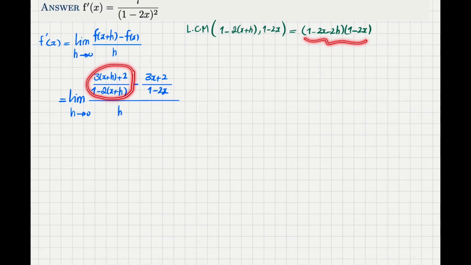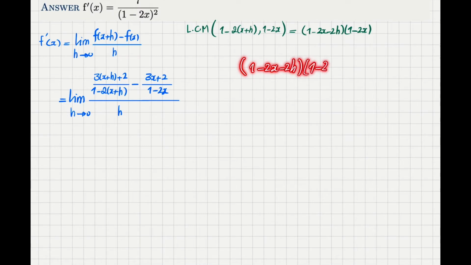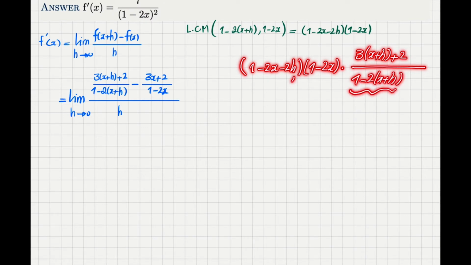Let me write one of them here for you: 1 minus 2x minus 2h times 1 minus 2x, multiplied by 3 times (x plus h) plus 2 over 1 minus 2 times (x plus h). Yes, but this factor is exactly the same thing, so these two are cancelled. So what is left for me is 1 minus 2x that should be multiplied in the numerator here. Okay?